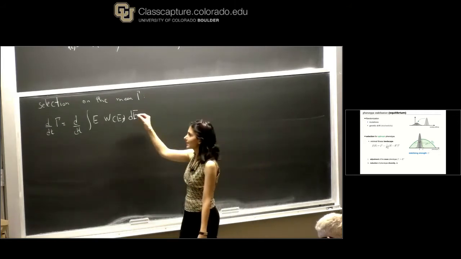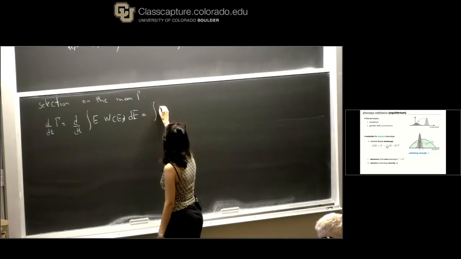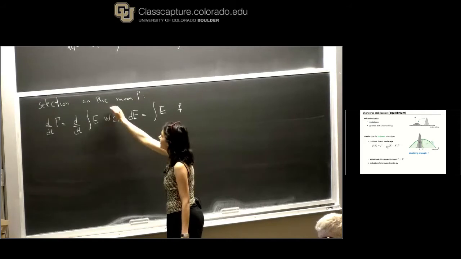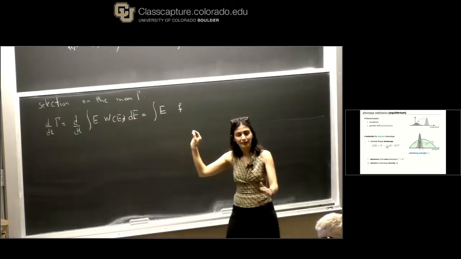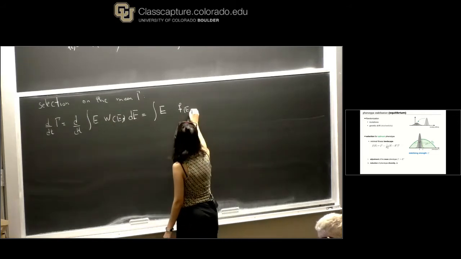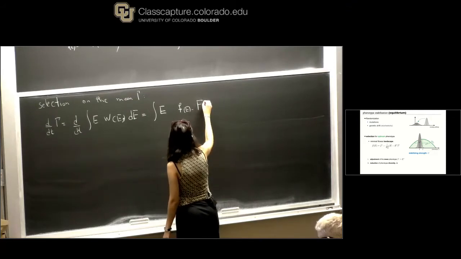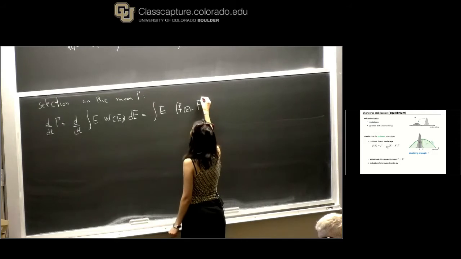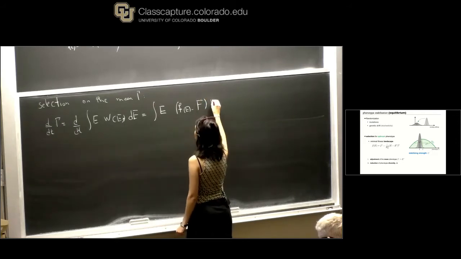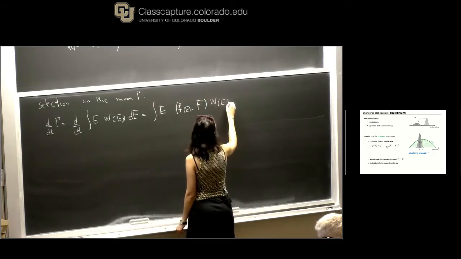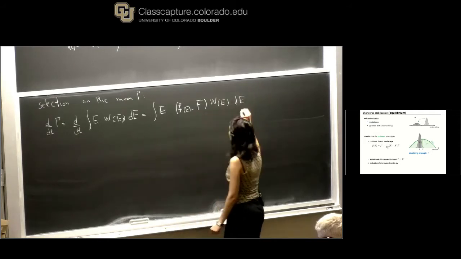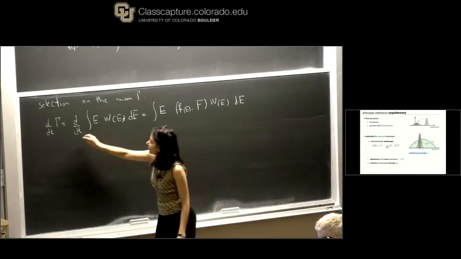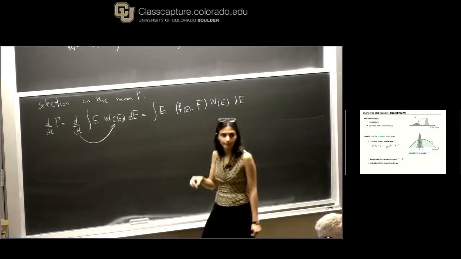So it goes down exactly the same way. The W of E, the probability density at state E, would change by fitness of E minus the mean fitness in a population, the capital F, times W of E dE. So I just apply this to this guy.